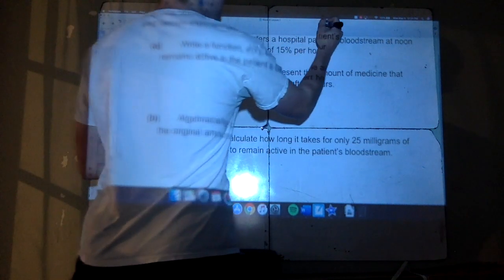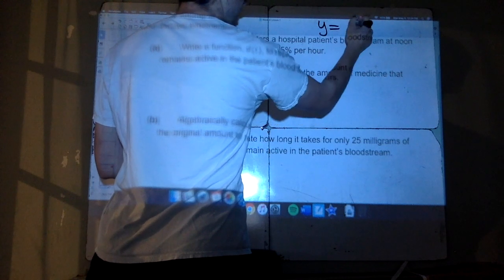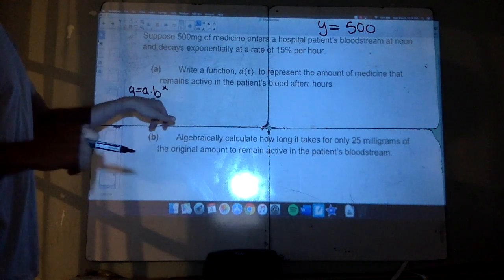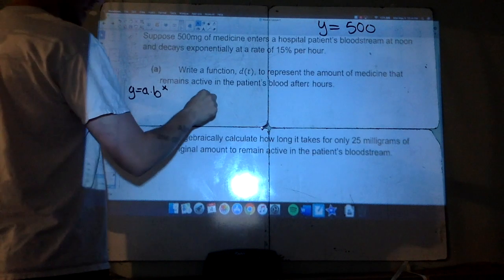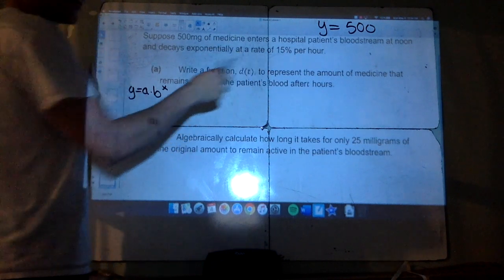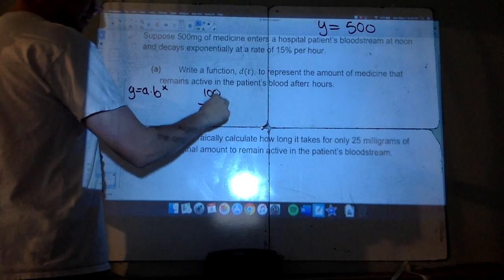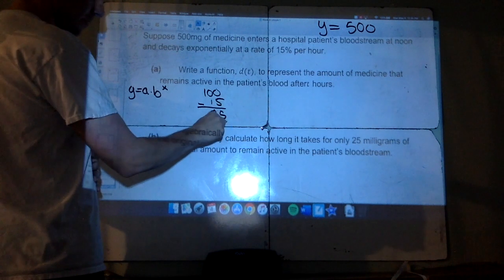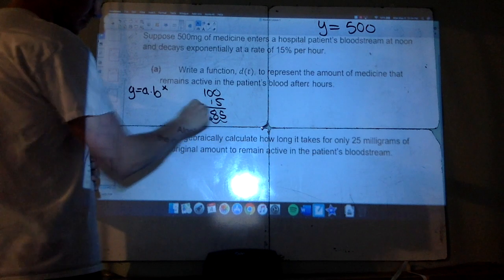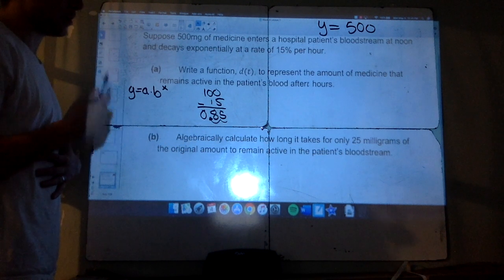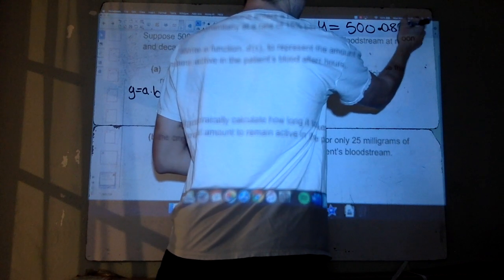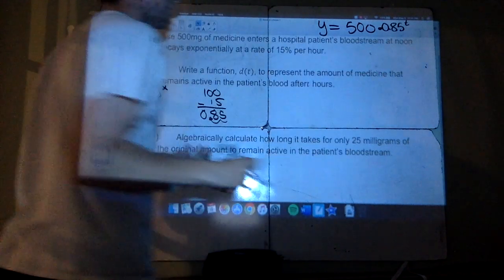So our starting value is 500. And then how we calculate the multiplier is we have 100 and it decays, it goes down by 15. So that gets us 85, and we move the decimal 2 spots to the left, 0.85. So that becomes times 0.85 to the t, where t is time.